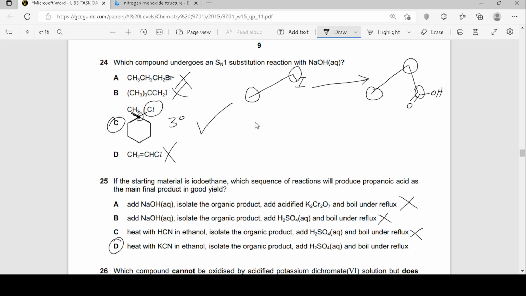And if you want to see that, if I add ethanolic KCN to this, I will get this. Sorry, in fact, I should make it like I have these 2, and then I have one cyanide here, which is attached by a triple bond. So 1, 2, 3. Am I making this right? Or should I just not bother?